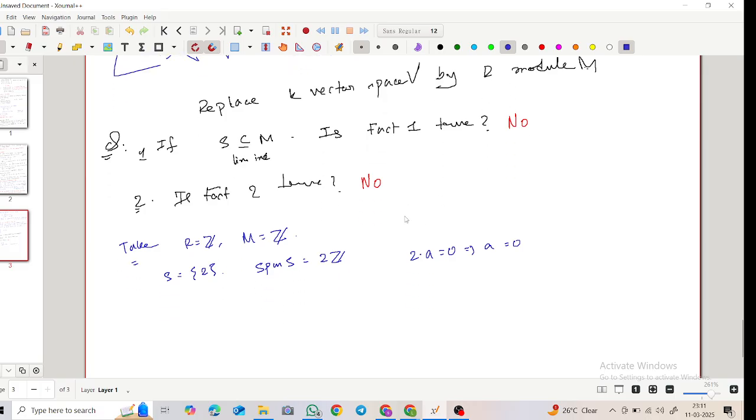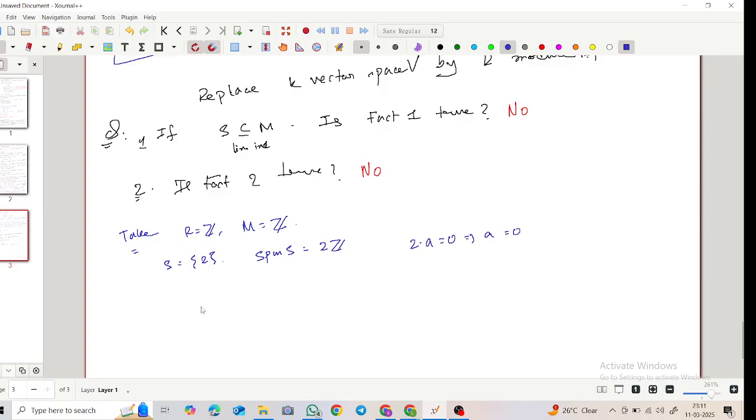But if you take 3, this is outside 2Z, right? But this is not linearly independent.